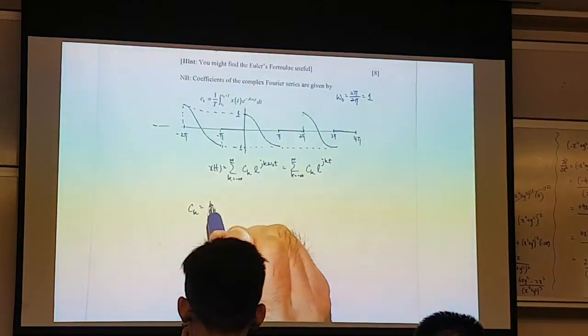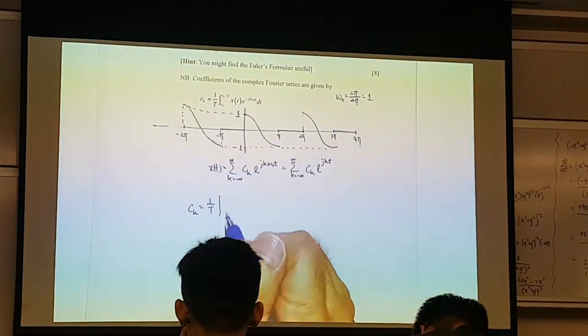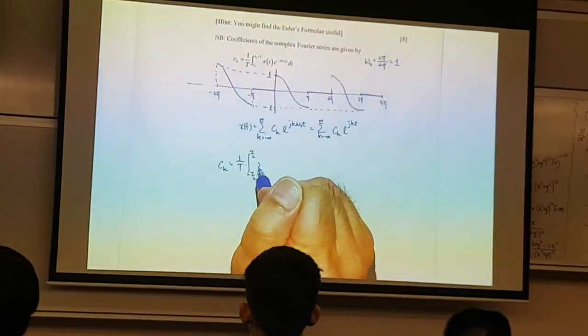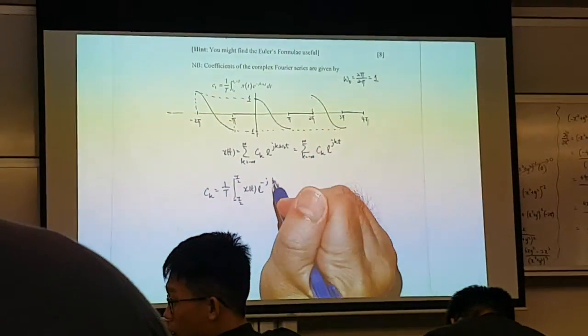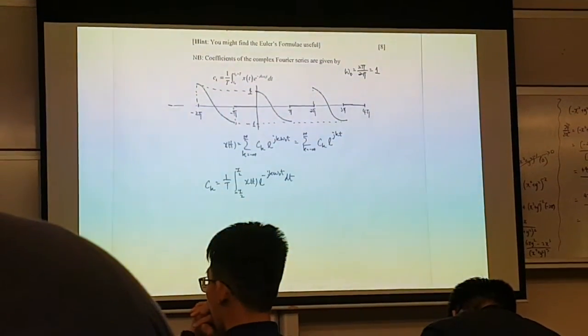So c_k is going to be equal to 1 over T, and in our case, the integral from minus tau divided by 2 to positive tau divided by 2 of x(t) times e to the power of minus j k omega naught t dt.